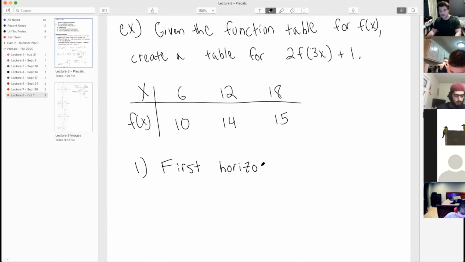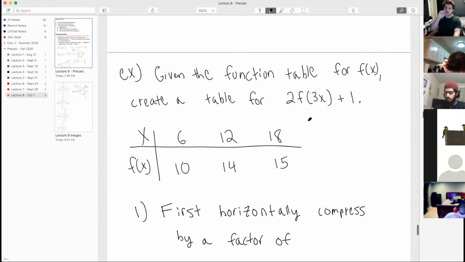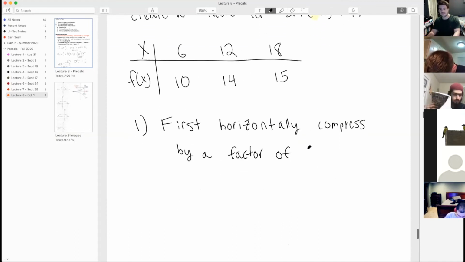You first do the horizontal stretch. So first, horizontally, it's actually a compression in this case. Compress by a factor of 1 over this b value. So you take 1 over 3. All right. So you horizontally compress by a factor of 1 over 3.